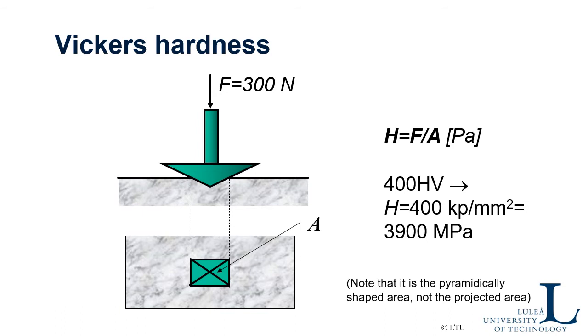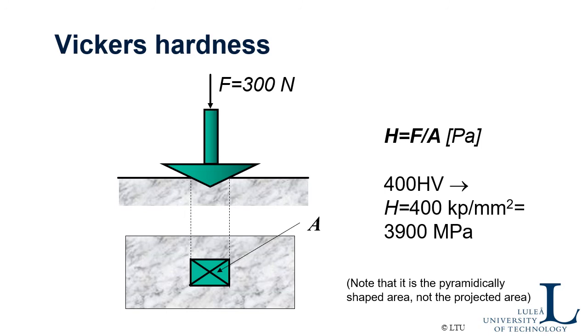You measure the size of the dent, the area, and since we know that we had a constant pressure in the contact area because it was plastically deformed due to the sharp corners of the indenter, we can compute the hardness as the load, the 300 newtons, divided by the size of the permanent dent here.